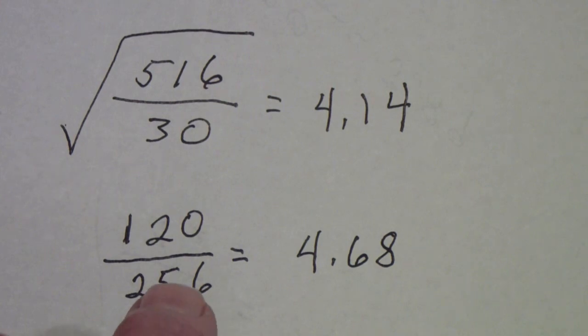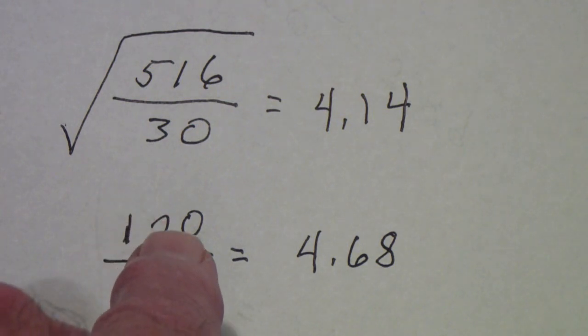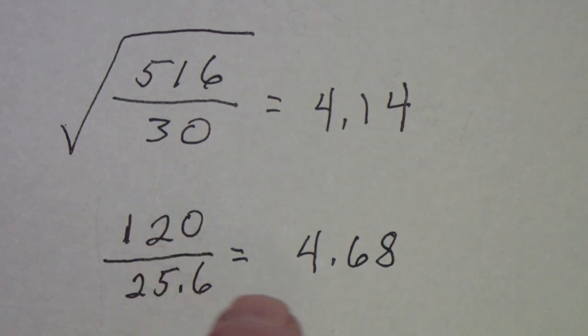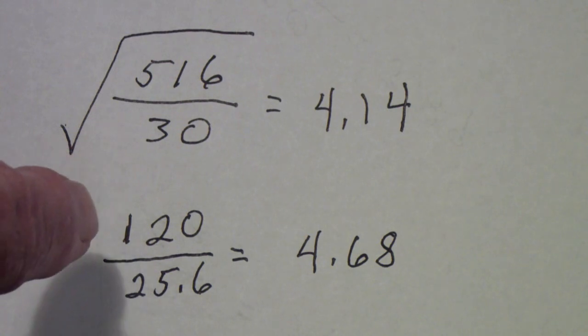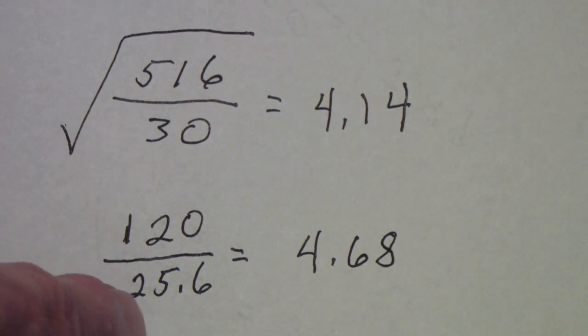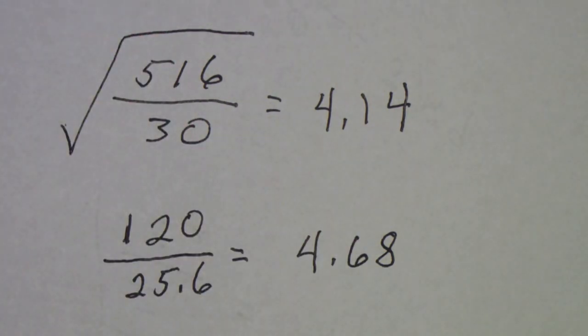Actually, it's a little higher than that. It's more like about 28 volts. But the nominal is 25.6. So the nominal turns ratio specified by the manufacturer is about 4.68. The voltage ratio between the 120 volts, in this case the primary, and the secondary, is the turns ratio in a power transformer.